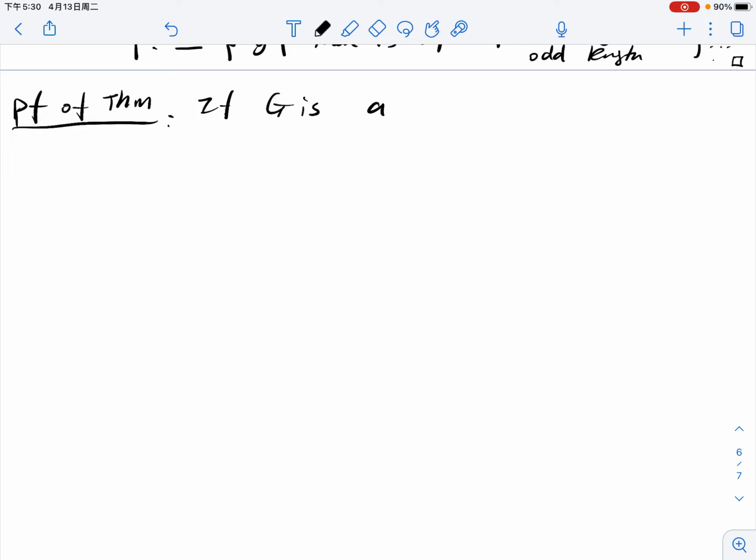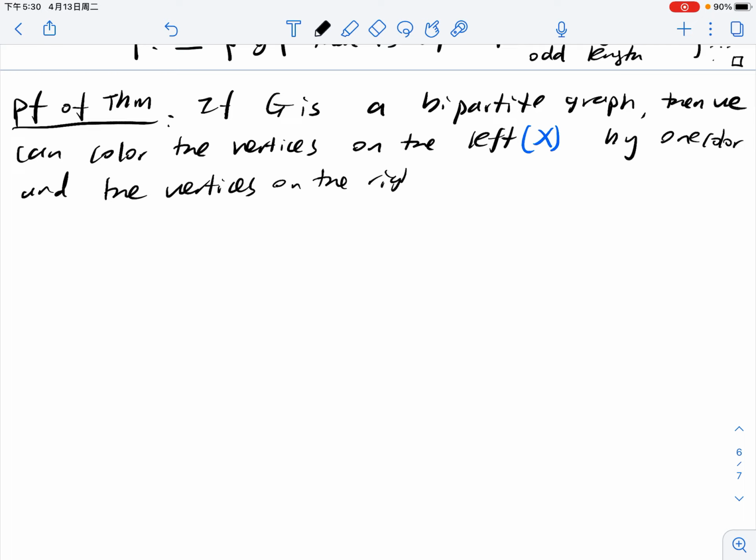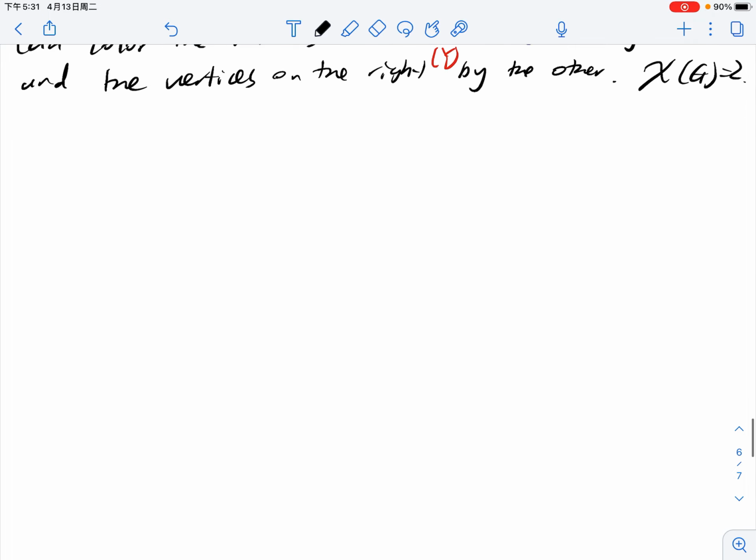If G is a bipartite graph, then we can color the vertices on the left, or the X part, by one color, and the vertices on the right, so this will be the Y part, by the other color. Then it's easy to see the chromatic number is 2.